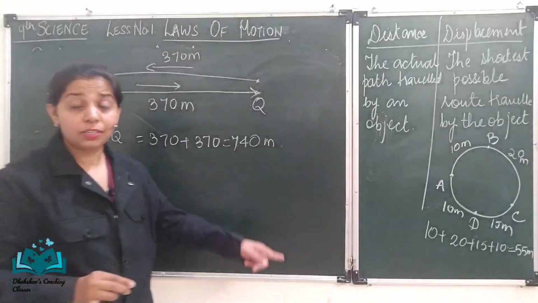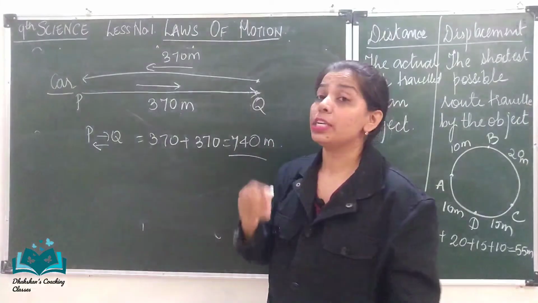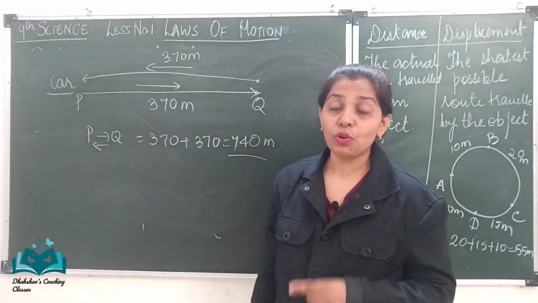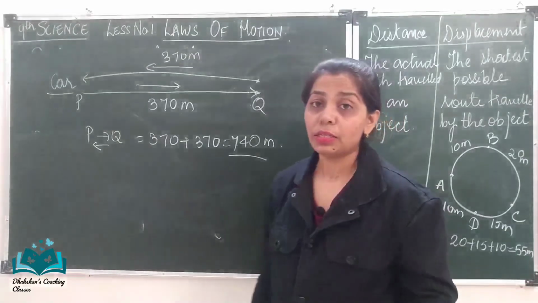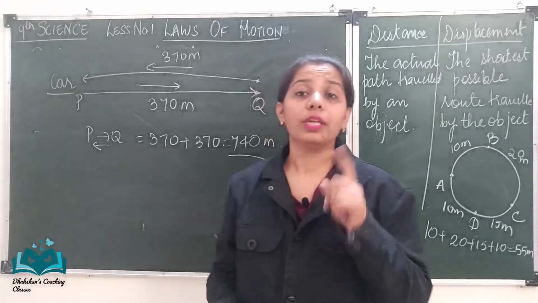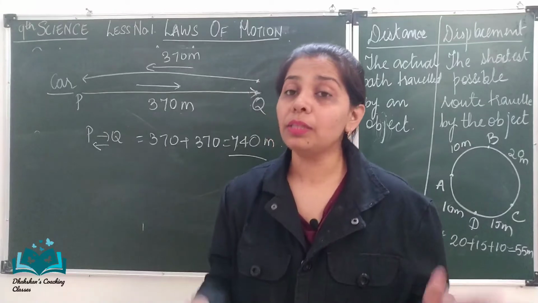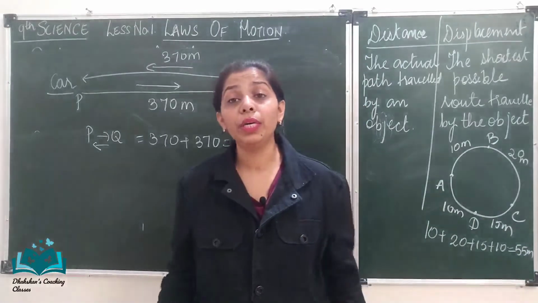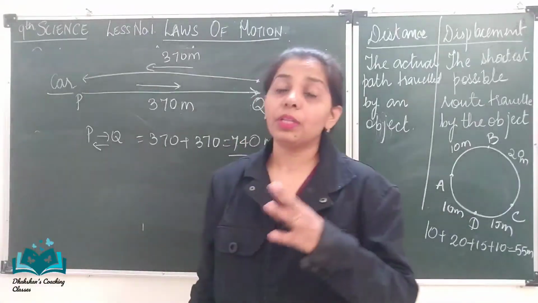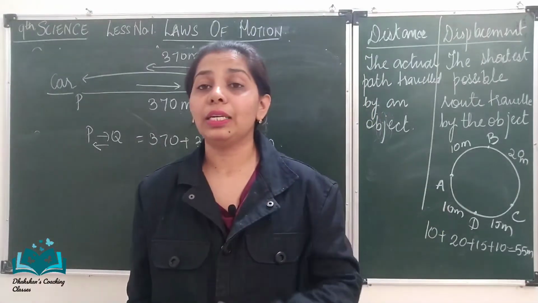So the actual distance travelled by this car will be 740 meters. So these two are the cases. There are many more examples where the actual distance travelled is there, but the displacement is taken to be 0.